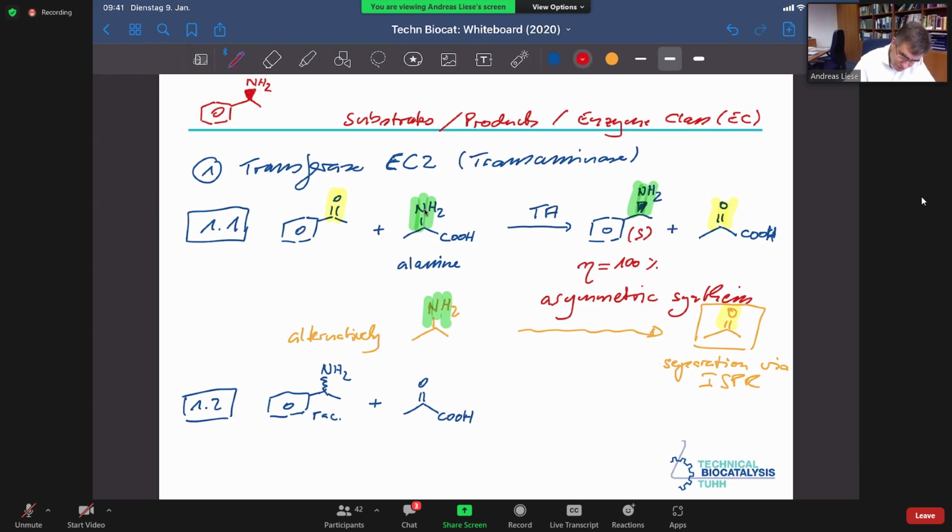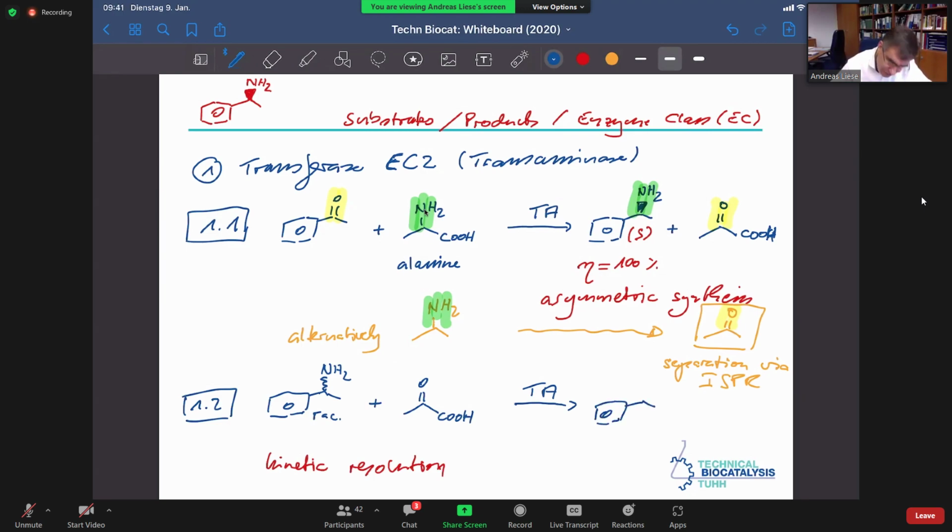This would now be kinetic resolution, we would name it, because we're starting with a racemic component that we are splitting. Once again, we need the transaminase, TA. And our product will now be the non-reacted leftover enantiomer. Remember our discussion, we discussed this in detail in the case of the hydrolases.